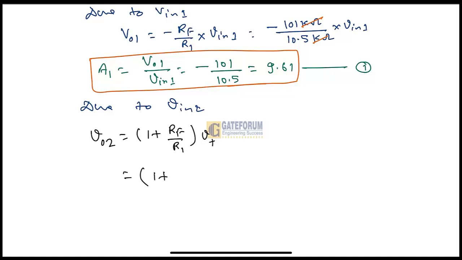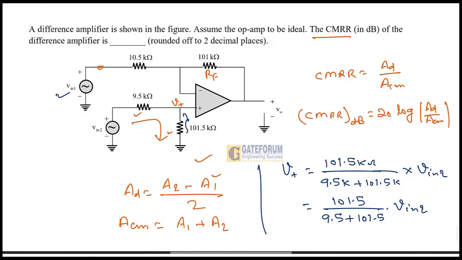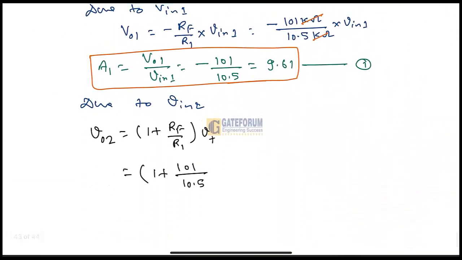So here this will be 1 plus RF, where RF is 101 kilo ohm, divided by R1, which is 10.5. So what is this RF and R1? This is our RF, and this is our R1. So 101 divided by 10.5, kilo gets cancelled, into V plus.